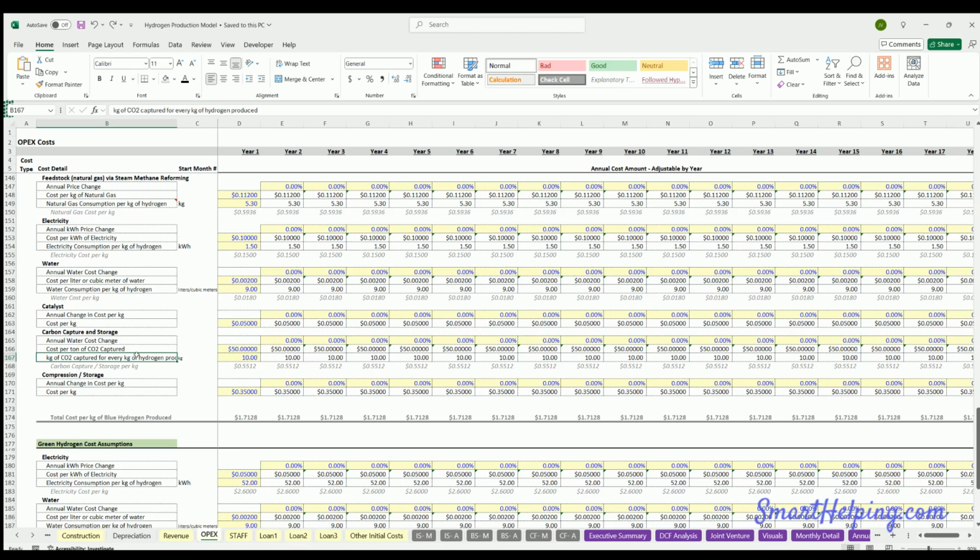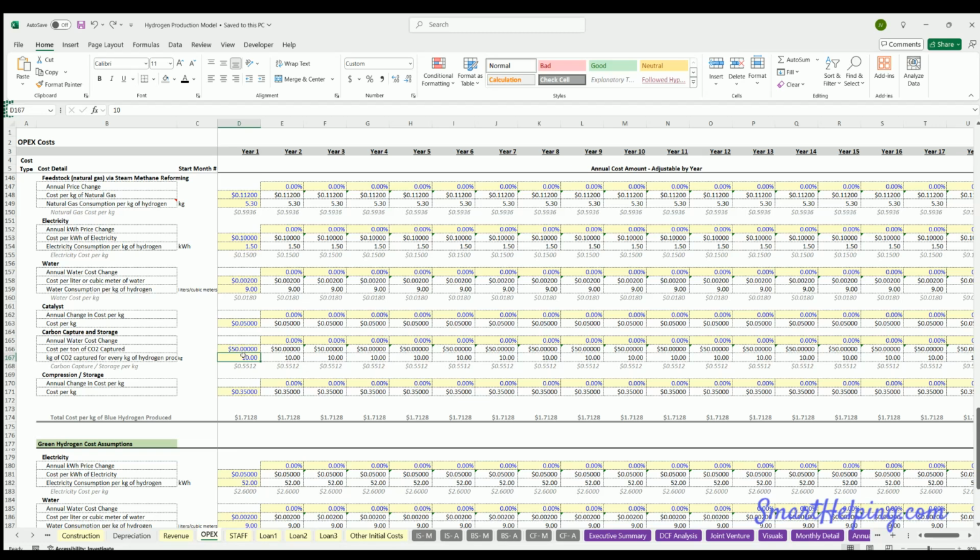So we can, again, we're denominating because we know how much hydrogen we're producing. So we're saying for every, in this case, 10 kilograms of hydrogen produced, we're producing kilograms of CO2 captured for every kilogram of hydrogen produced.